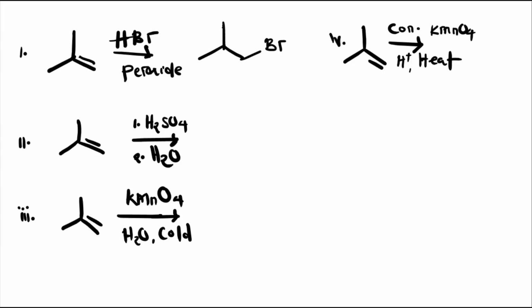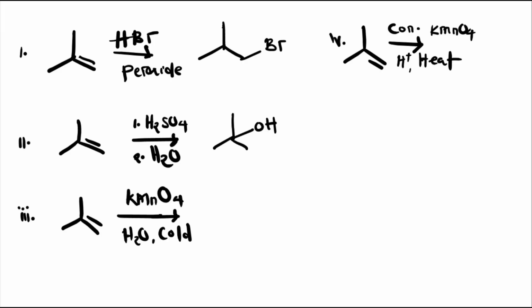First of all, you're going to have deprotonation of the acid, and the hydrogen is going to attach to the less substituted carbon of the two carbons forming the double bond. The cation is going to form here, and the water is going to attack there. So you're going to have an alcohol here.